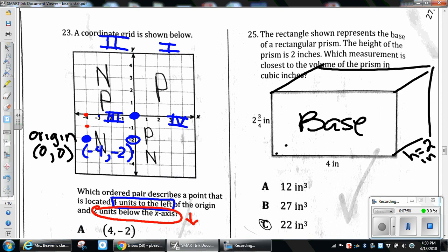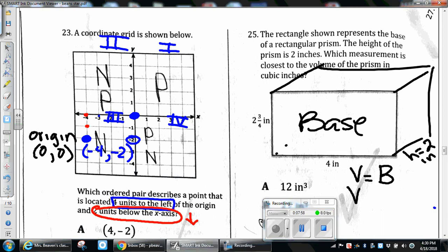And so to calculate the volume of the prism, it will be the area of the base. I'm going to use capital B for that. But in reality, we know the base is a rectangle, so it's actually lowercase b for the base of the rectangle, not the base of the prism, times the height of the rectangle.